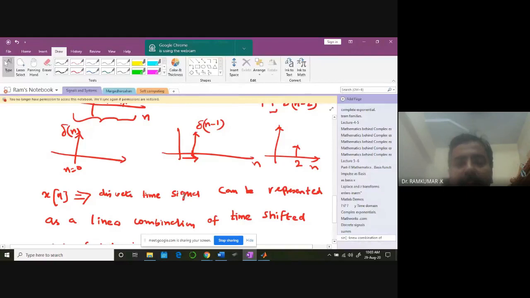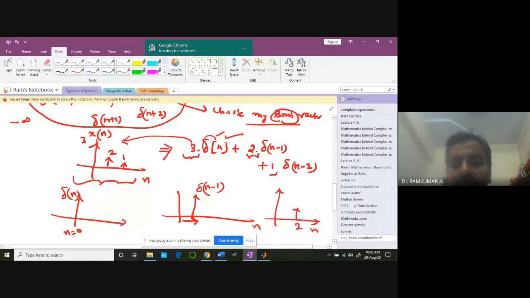Because the first delta n is going to have an amplitude of 3, the second one an amplitude of 2. This amplitude comes from x of n.